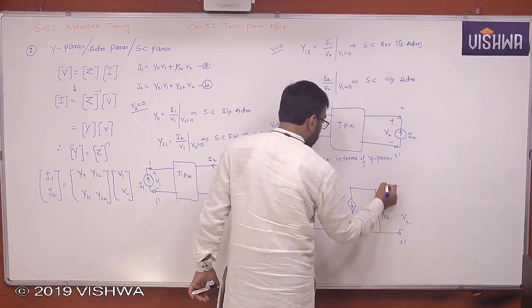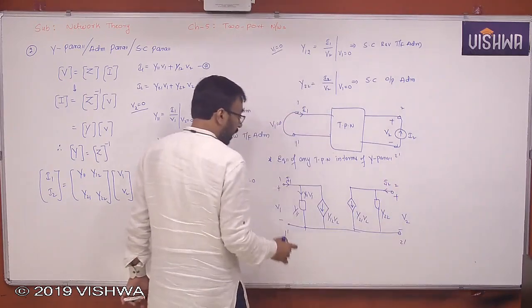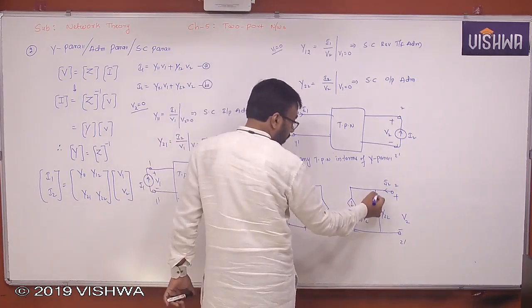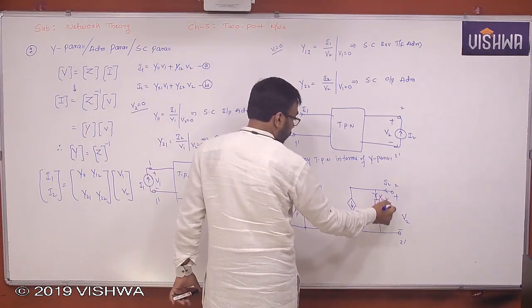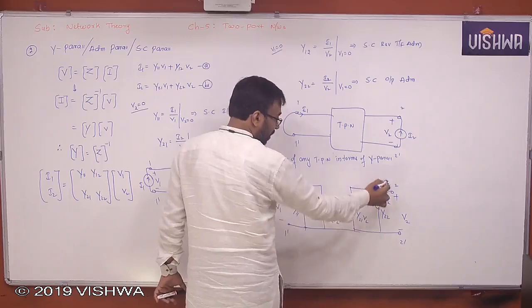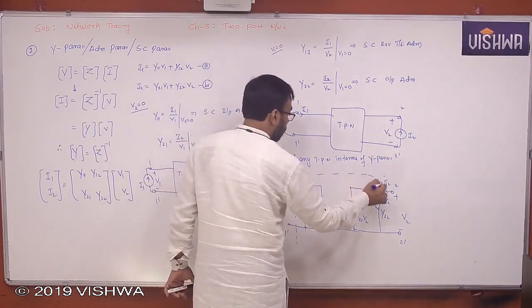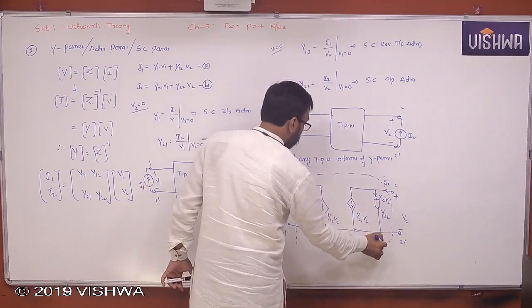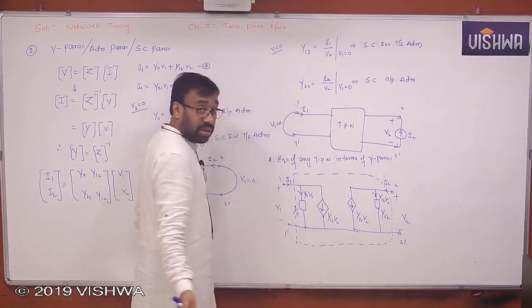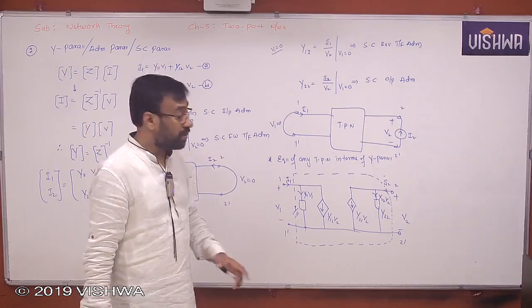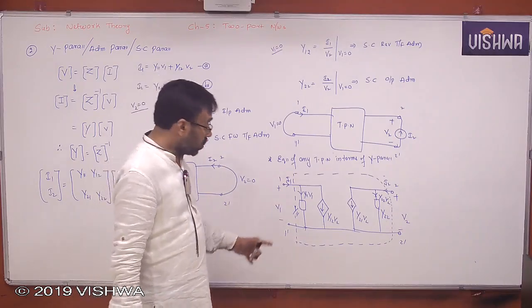V2 and this is I2. Look at this now. What is the current flowing here? Y22 V2. So this current plus this current will give you the total current. Now this is what we have here: a two-port network. Any given two-port network can be replaced by this equivalent in terms of what? Y parameters.